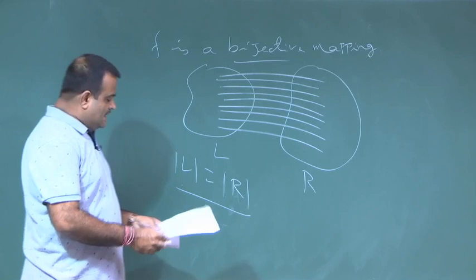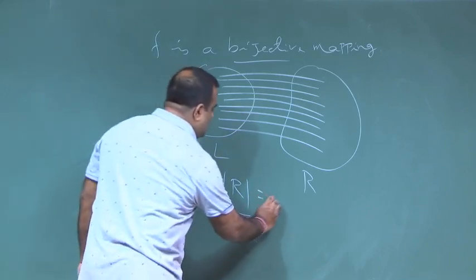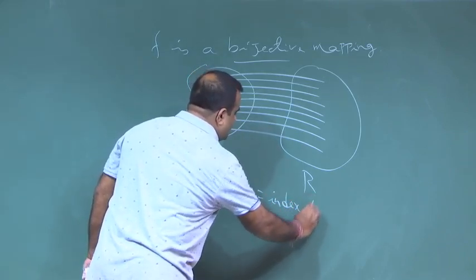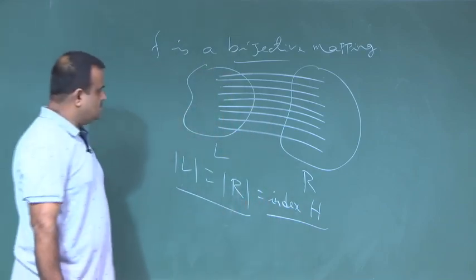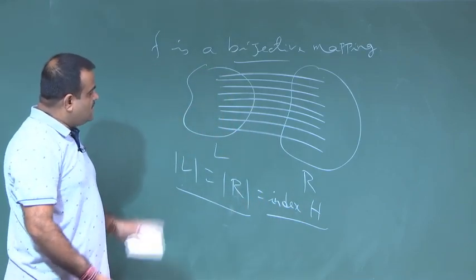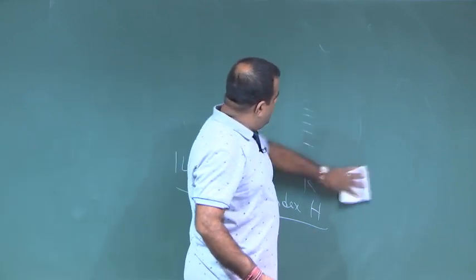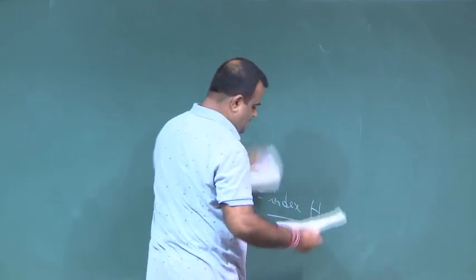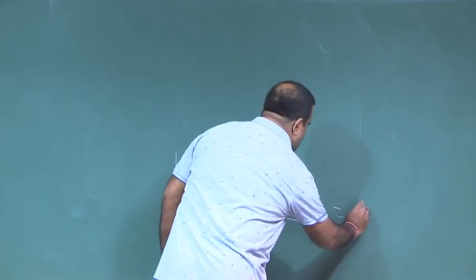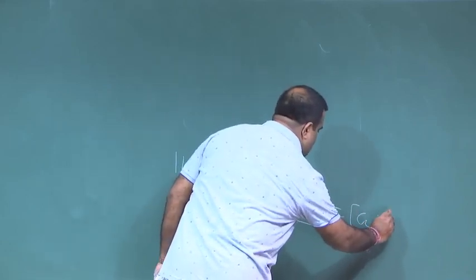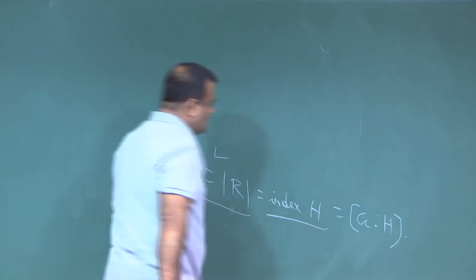Okay. And that common number is called the index of H. That is also denoted this way, G hyphen H. Okay.